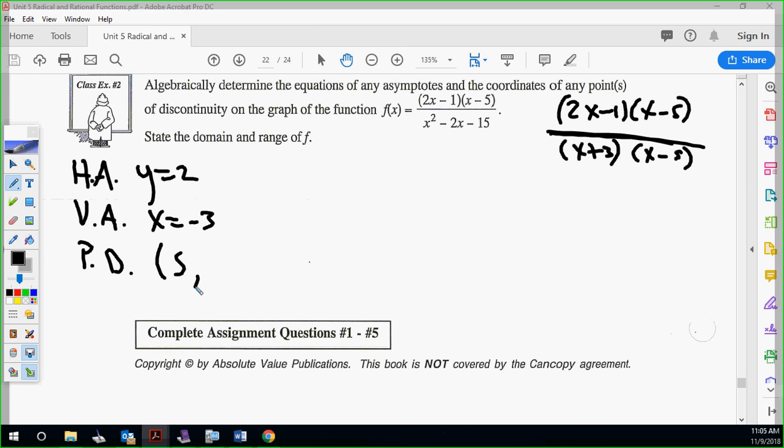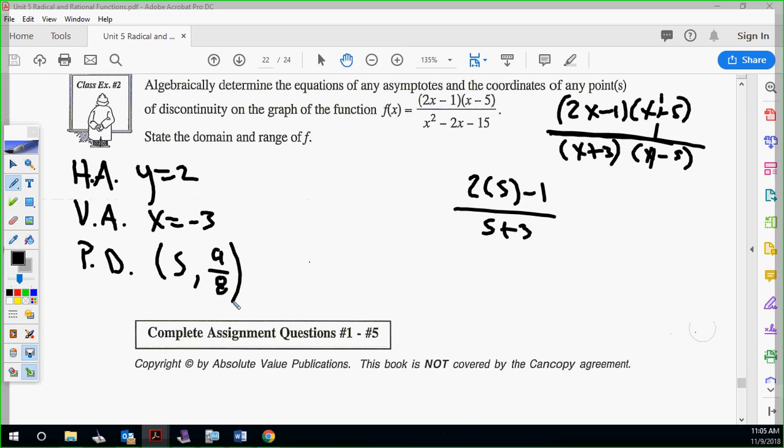And what's that point going to be? How do we find that? We have to plug it in after we cancel, right? So cancel, and then you plug 5 into what's left. 9 over 8. Yep, 5 and 9 over 8. Good, Aiden. Okay.